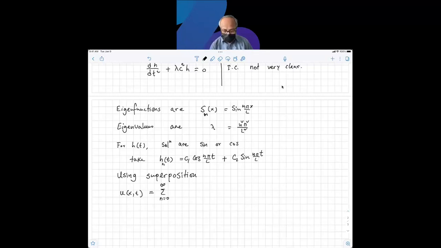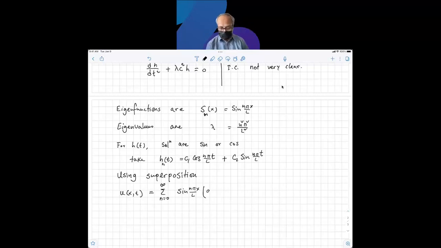Okay. So the S part is sine n pi x over L. And instead of C1 and C2, because it is Hn, the coefficient also will change.